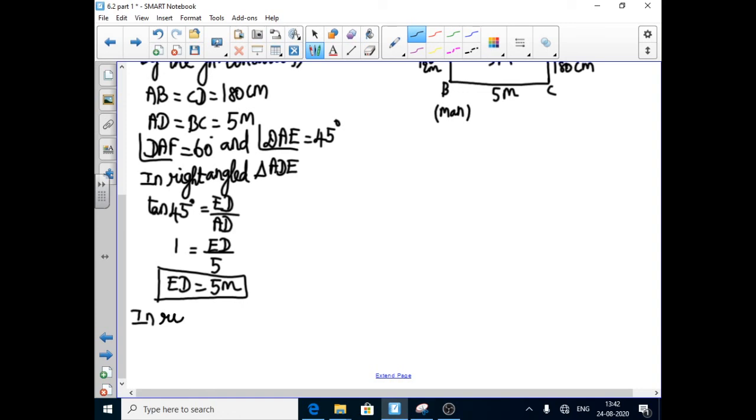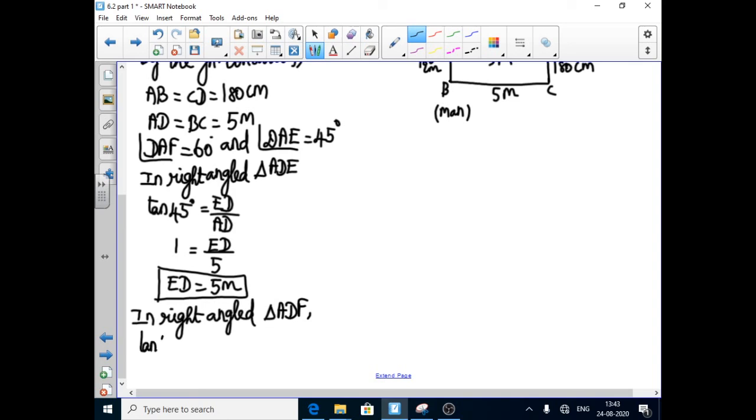In the bigger right angled triangle ADF, you have to find tan 60.